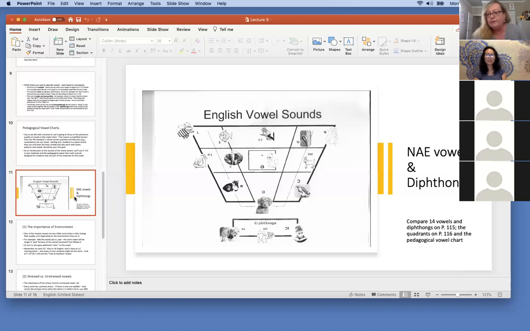Later in the semester, you'll be producing lesson plans. When you do that, you'll want to go back and look at some of these pieces of information, because this is where you might get some of the exercises that you choose. This is where you might decide what you're going to focus on in terms of what's important and what isn't.